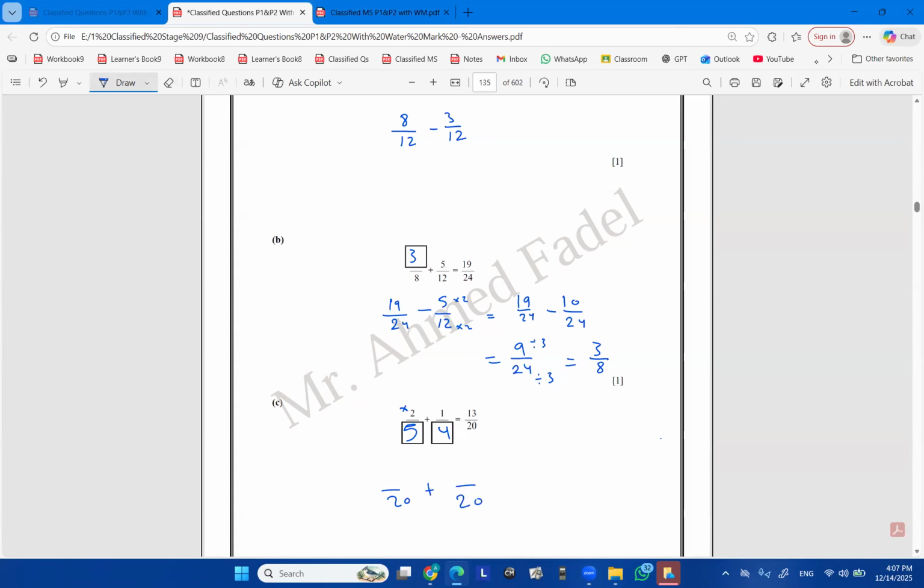We multiply this by 4 up and down, this by 5 up and down. So this becomes 20 and here 20. 4 times 2 is going to become 8, and 1 times 5 is going to become 5. This will lead to 13 over 20. So the final answer is 2 over 5 plus 1 over 4 equals 13 over 20. Thank you so much and see you in another video.